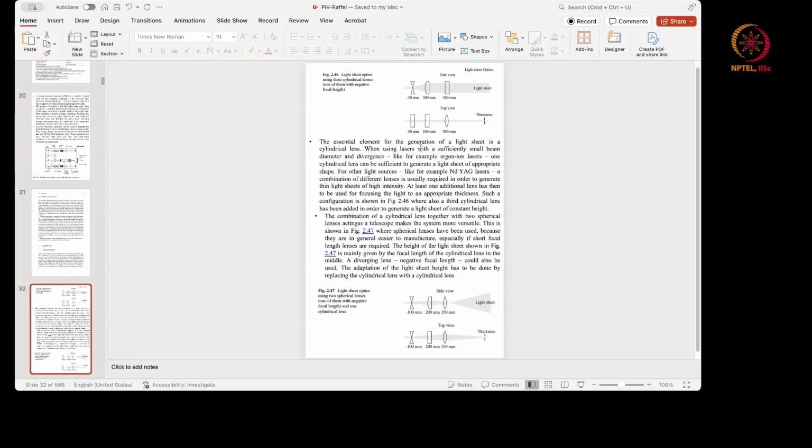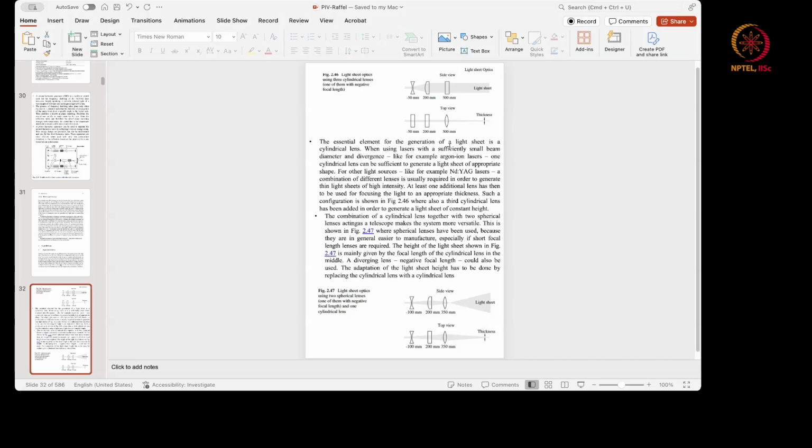When using lasers with sufficiently small beam diameter and divergence, like argon ion lasers, for example, one cylindrical lens can be sufficient to generate a light sheet. But for Nd:YAG lasers, you need a combination of different lenses. At least one additional lens has to be used.